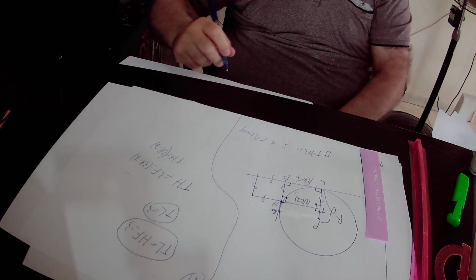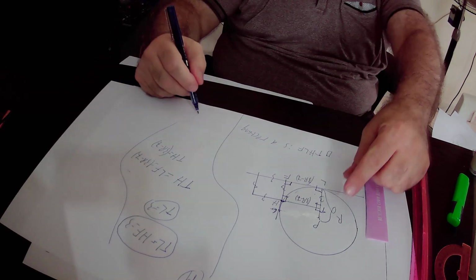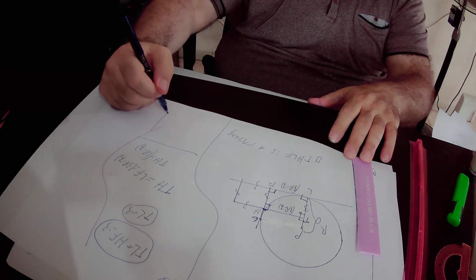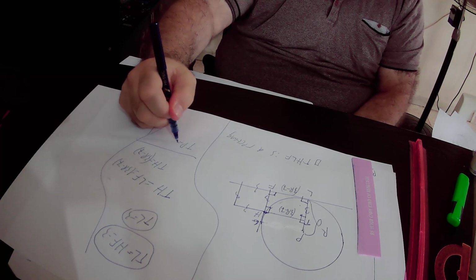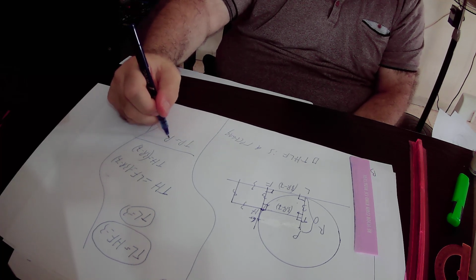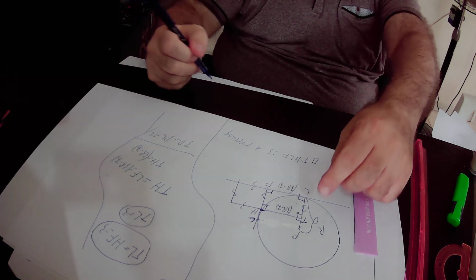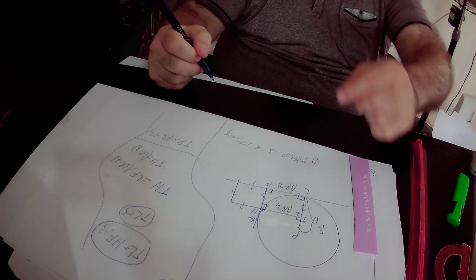And what is the value of TP? The value of TP is very easy to see from the drawing: TP is equal to PL minus TL.